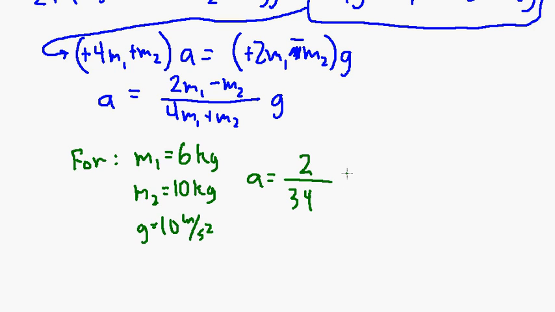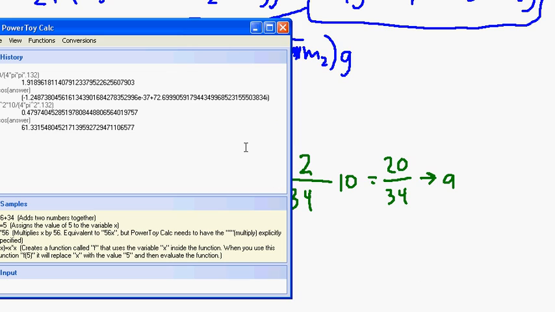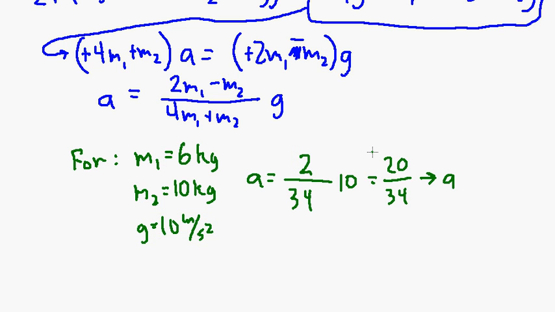Actually, I'm sorry, G was 10, so actually this equals 20 over 34. So A equals 20 divided by 34, which is 0.59 meters per second squared.